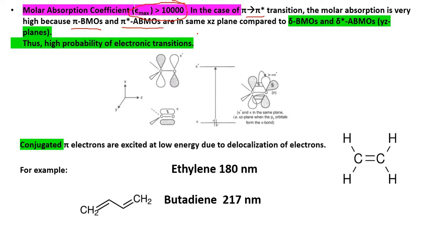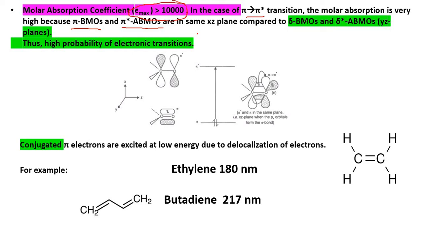The sigma bonding and anti-bonding molecular orbitals are present in the y and z planes, which are perpendicular to each other. That's why electrons excited from sigma to sigma star are not in the same plane, and electronic excitation from sigma to sigma star is difficult.